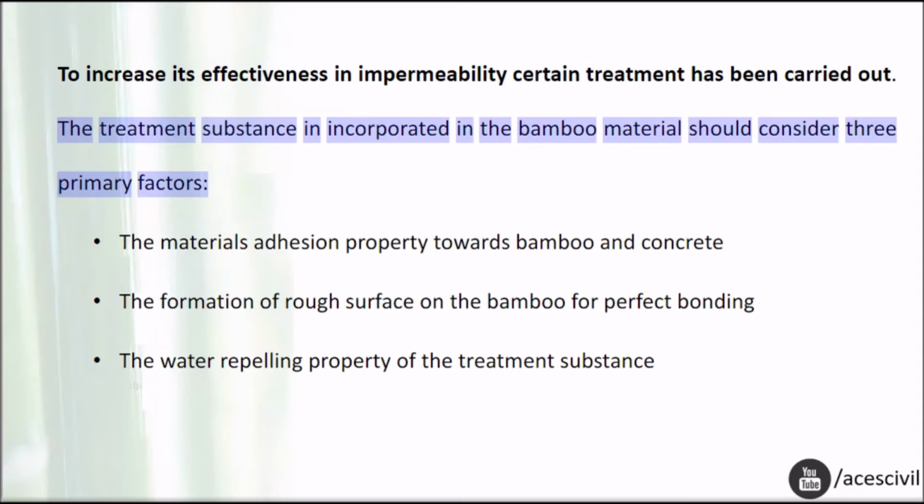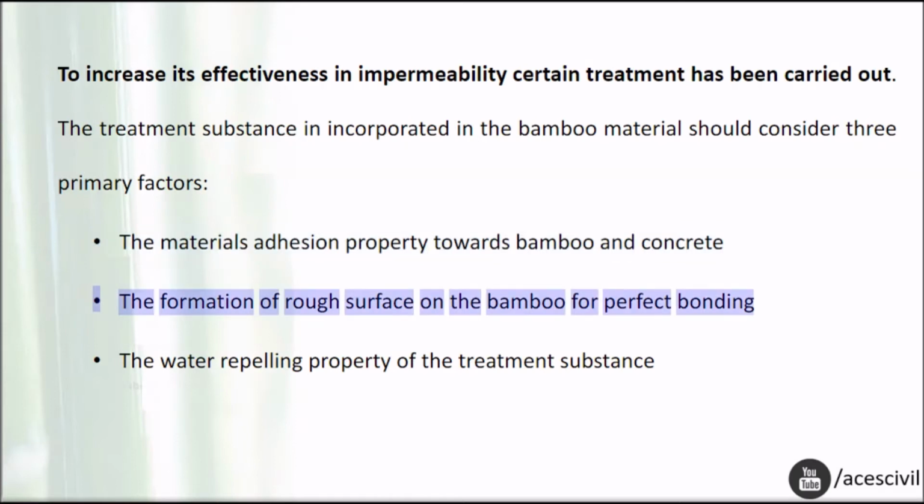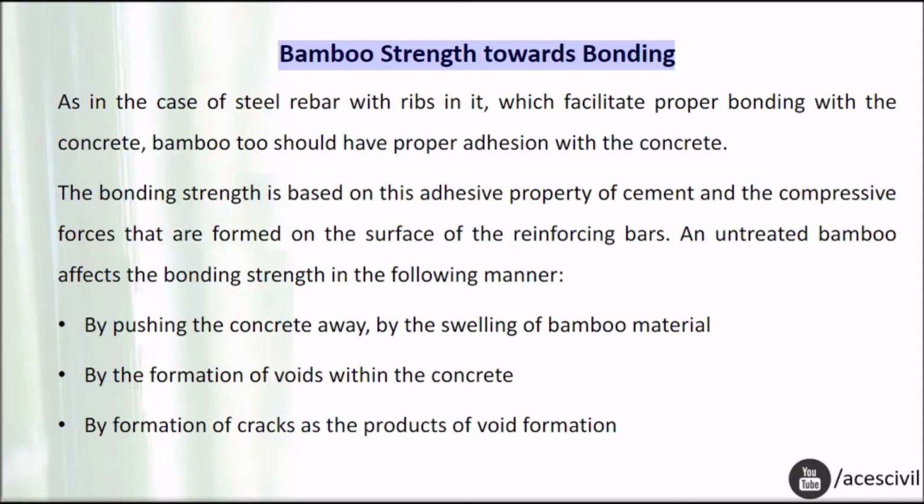The treatment substance incorporated in the bamboo material should consider 3 primary factors: the material's adhesion property towards bamboo and concrete, the formation of rough surface on the bamboo for perfect bonding, the water-repelling property of the treatment substance, and bamboo strength towards bonding.